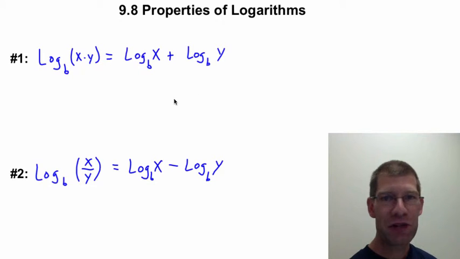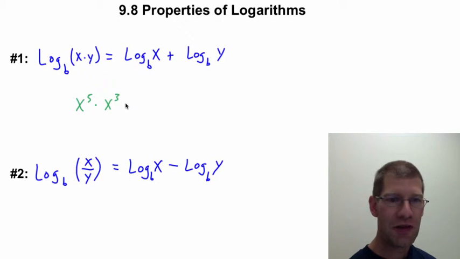If you think back to when we were talking about exponents, so I wouldn't put this in the notes, I would just kind of watch. When we had something like x to the 5th times x to the 3rd, we saw that you take those 2 exponents and you add them. So that's going to be x to the 5 plus 3, or x to the 8. That's essentially what we're doing here.